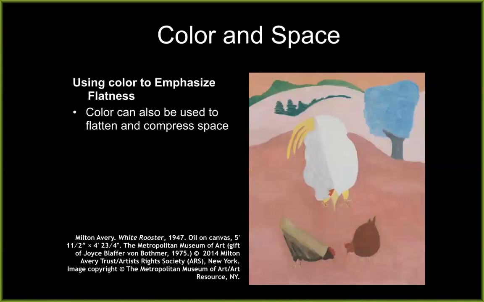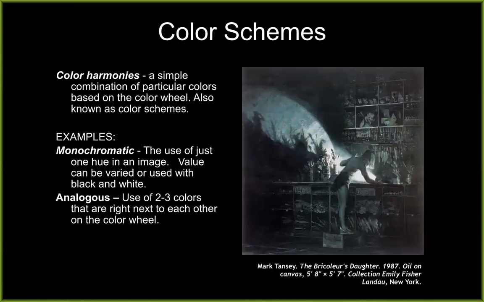You can also use color if you want to emphasize flatness. So here in this painting, the artist has used color equally. It hasn't been changed to a shade or a tone. They've just used color as it comes out of the paint and created these big areas of flat shapes.